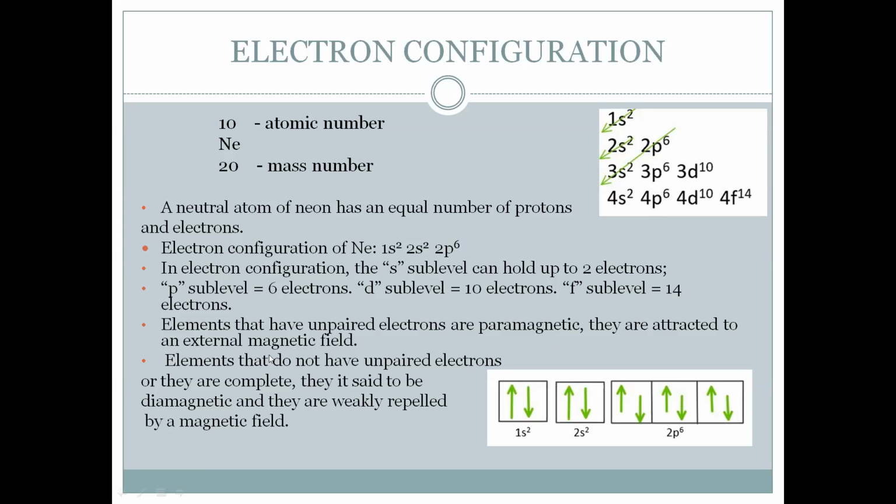But if an element doesn't have any unpaired electrons or it is complete, it is weakly repelled by a magnetic field, resulting in that element being diamagnetic. Neon is one of the examples of a diamagnetic element, because as you can see in this orbital diagram, none of its electrons are unpaired. Every electron here has a pair.